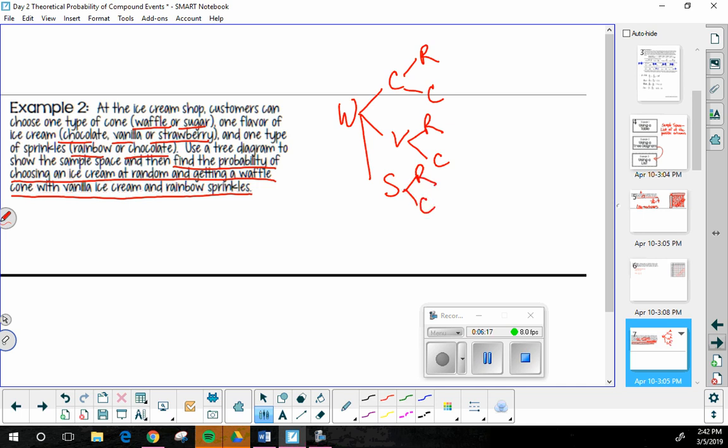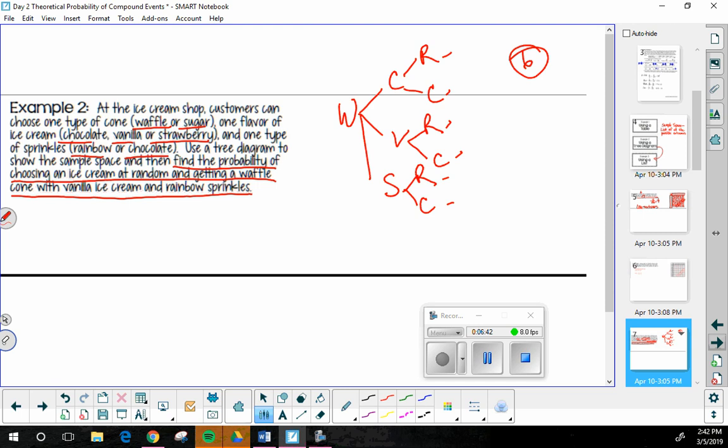And each one of the branches on the tree represents a possible outcome. Waffle, chocolate, rainbow. Waffle, chocolate, chocolate. Waffle, vanilla, rainbow. Waffle, vanilla, chocolate, and so on. And so with a waffle cone, I have 1, 2, 3, 4, 5, 6 different possible outcomes.